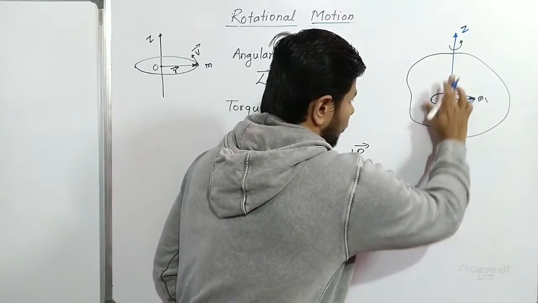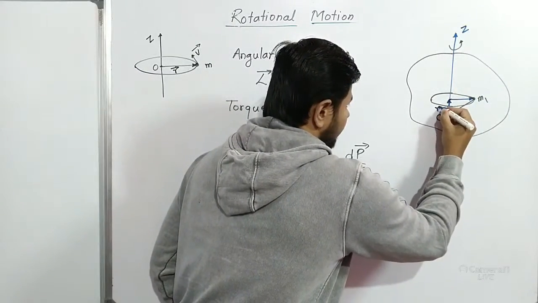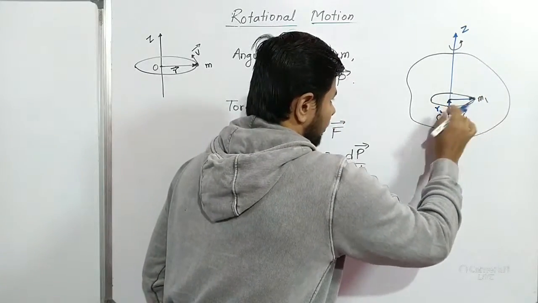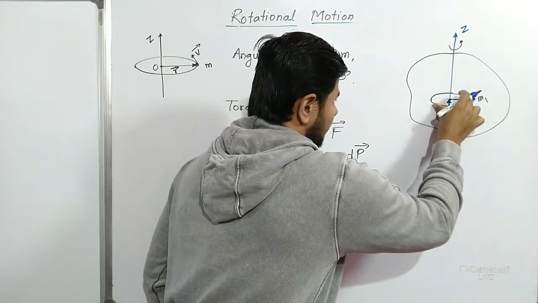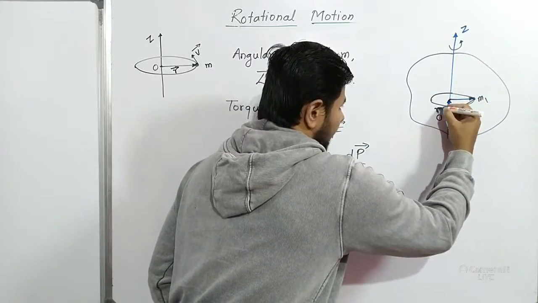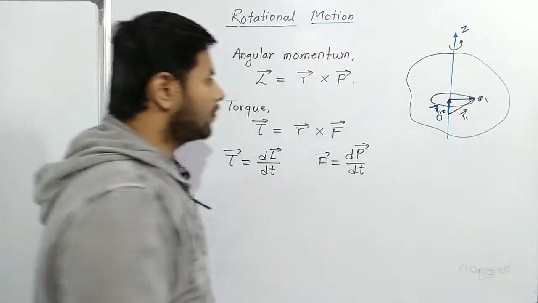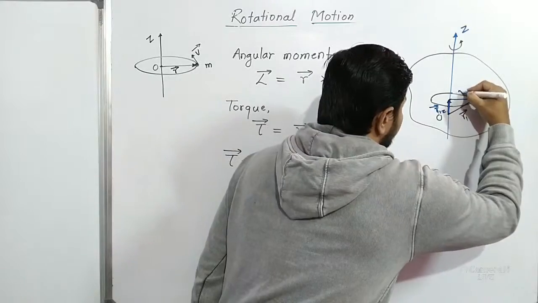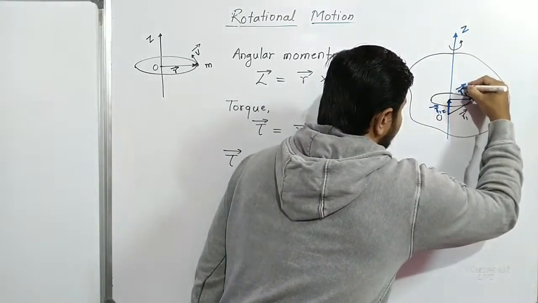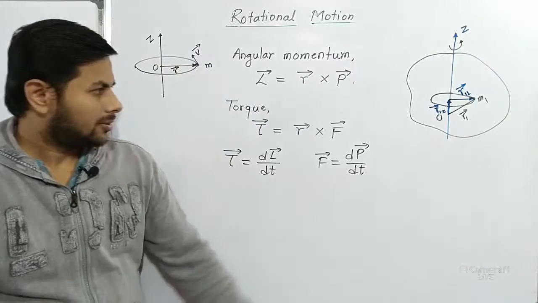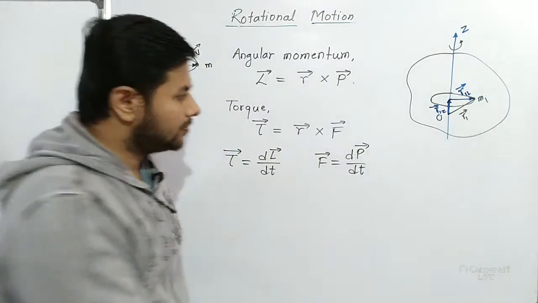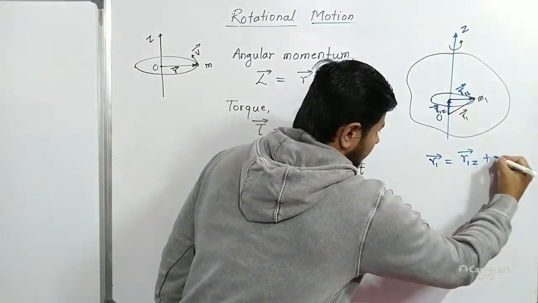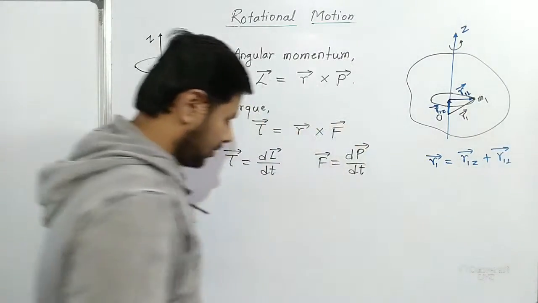The component along the axis, because it is the position vector of the first particle, I will call r1z bar, and this perpendicular vector I will call r1 perpendicular bar. So I can write r1 bar equals r1z bar plus r1 perpendicular bar.